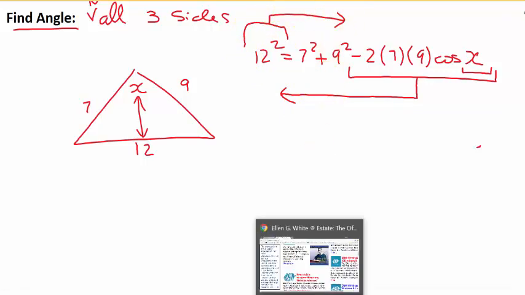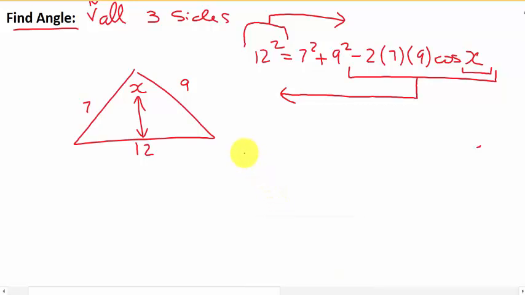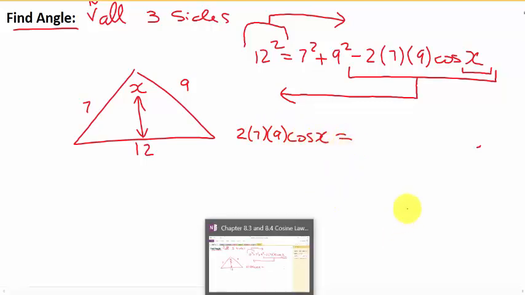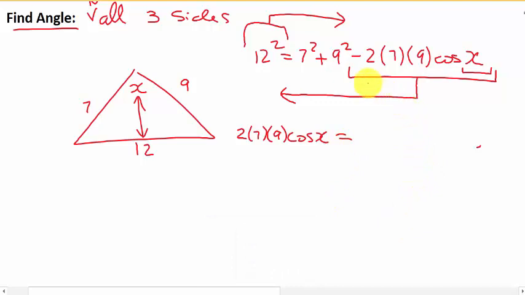So you're just going to rearrange it so that we're trying to isolate X. So what do we get? 2 times 7 times 9 cos of X is equal to. It's not negative anymore because we moved it. Why is the 7 and 9 not negative?